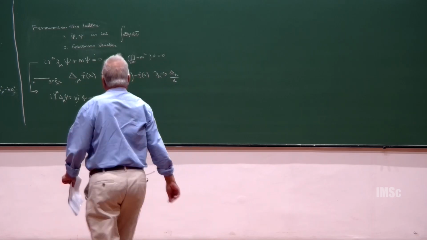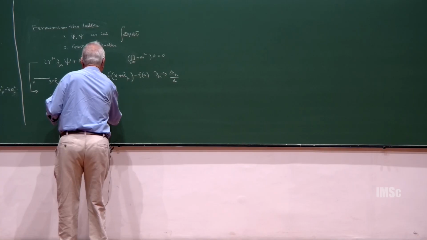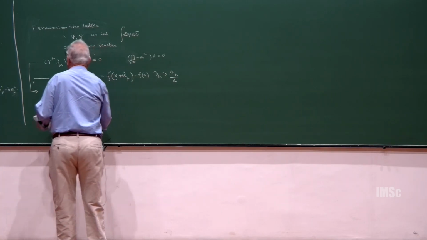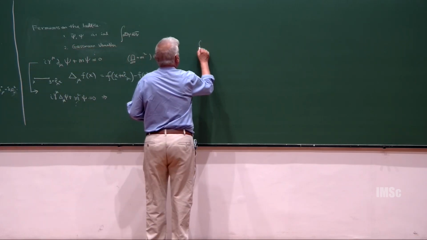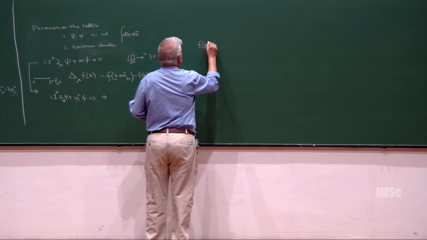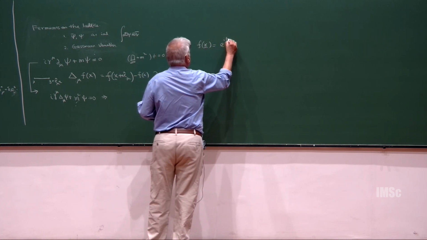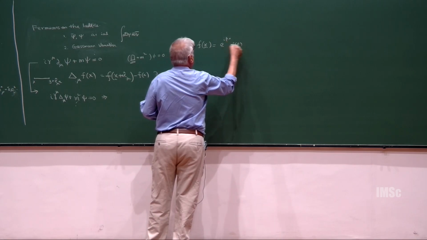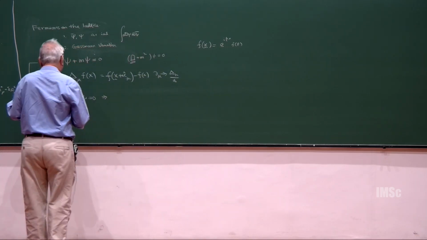And when you do that, what this will become: f of x is e to the I p x f of p, plus minus, I am not going to be very cavalier about it.